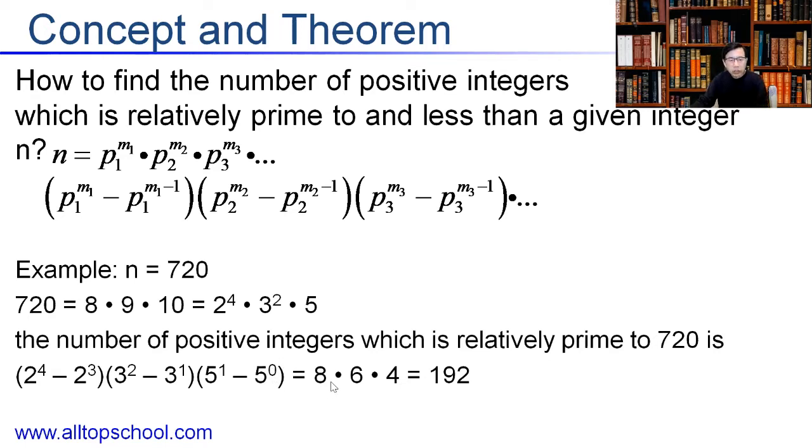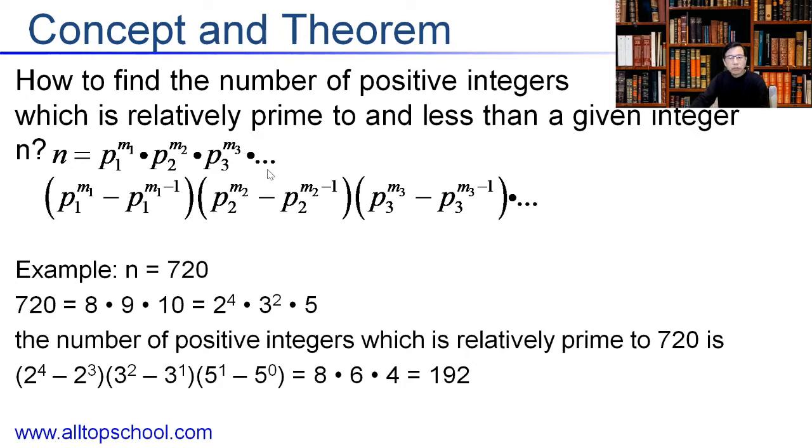So the count is 8 times 6 times 4, which is 192. So we find 192 numbers are relatively prime to and less than 720 based on this basic formula. That's an important theorem before we explain the problem.